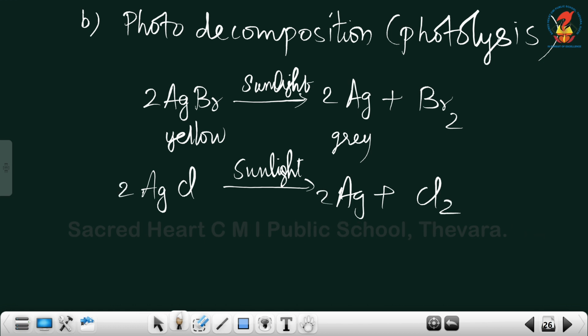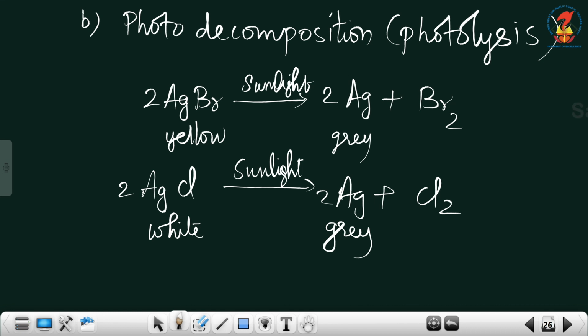Here also we have to balance it. In this case the silver chloride is white, and again we are getting the grey colored silver. This is also happening in presence of sunlight. So this is a photo decomposition reaction, a decomposition reaction which is happening in presence of light.